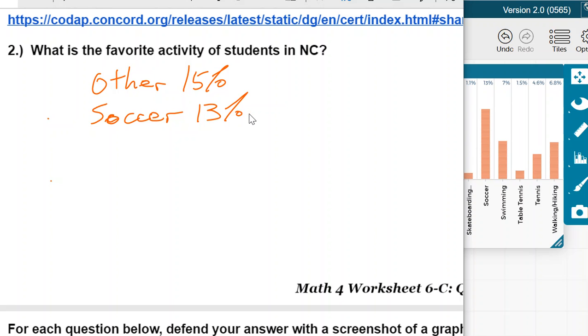And I find myself asking the question, why is other so large? I mean, Lord knows they gave you 20 different sports to choose from. And they were talking about physical activity, so I don't think that playing Fortnite counts as a physical activity.